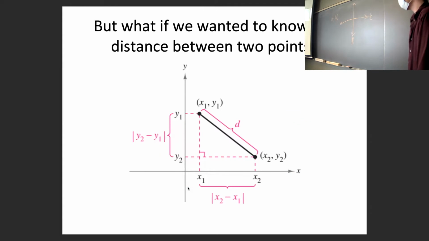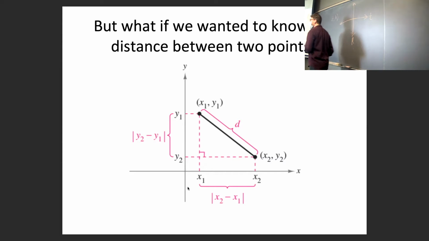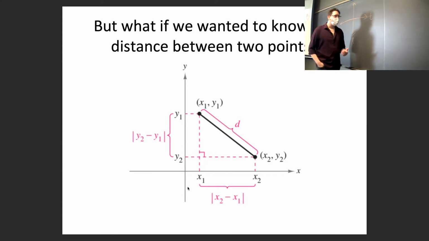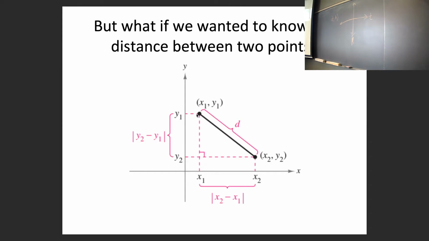So with that in mind, a natural question might occur when we start plotting things: how far apart are they? Looking at this, we might notice there seems to be a right angle triangle here, which should scream Pythagorean theorem right away.